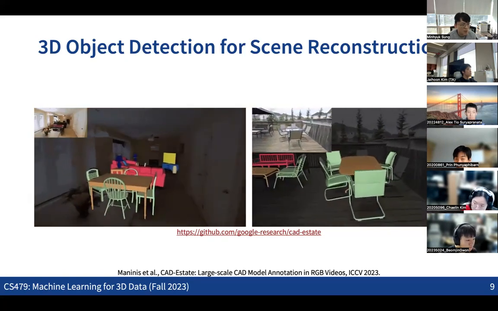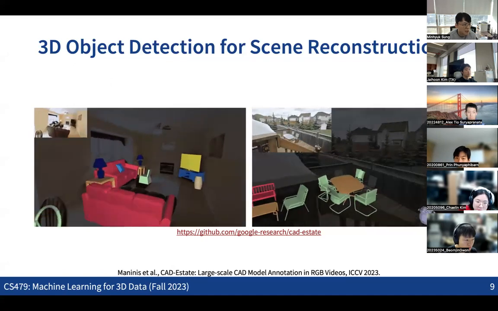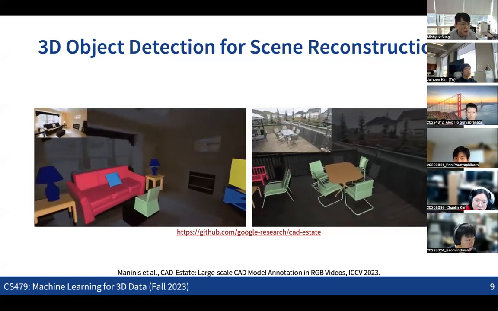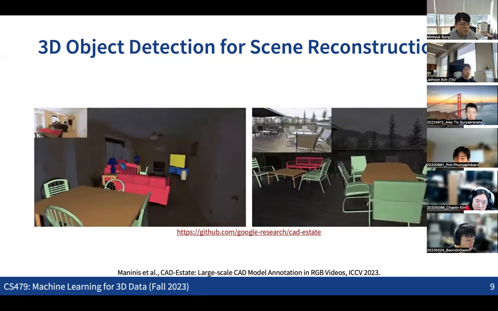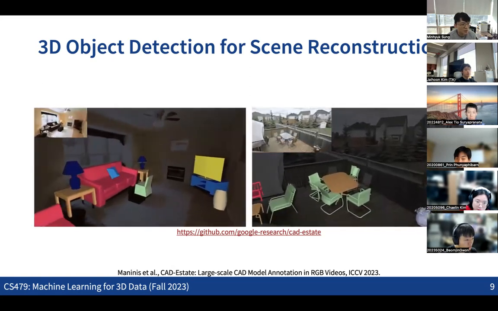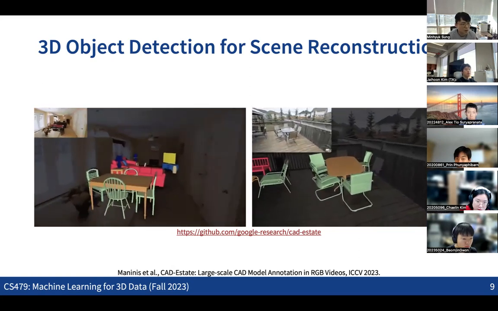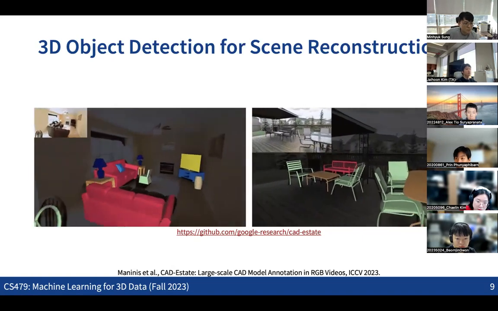Those are examples where we are detecting chairs, sofas, tables, and many other things in these 3D scenes, and placing CAD models in terms of converting scanned 3D scenes or videos of 3D scenes into an arrangement of 3D CAD models, giving CAD representations for the scenes.